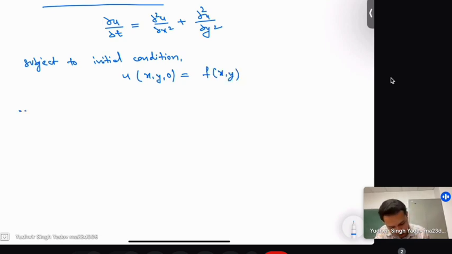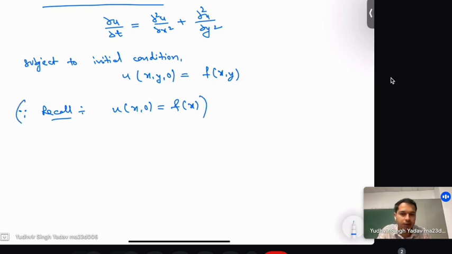We can recall that while studying the one-dimensional heat equation, the initial condition was u(x, 0) equals a function of x only. Here, as we are talking about a two-dimensional heat equation, we will take into account both the x and y dimensions.